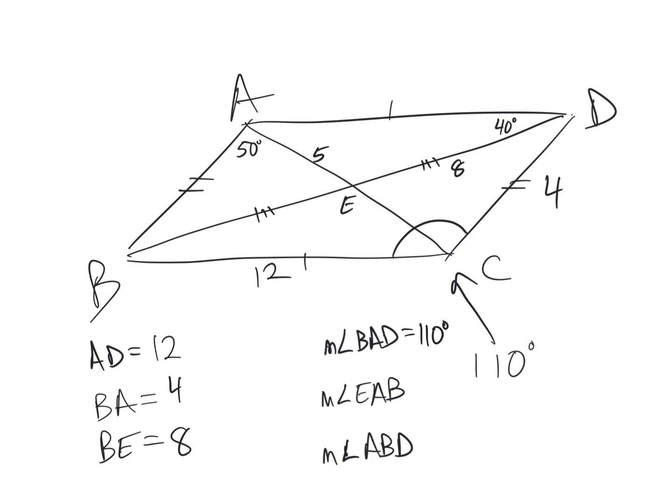So EAB is already there. That's 50 degrees. I think they meant to say, what is angle EAD? What's EAD? It's 60. How do you know that? Because the other one is 110, so we just minus that from 50. Yeah. The whole thing's 110, so this must be 60.